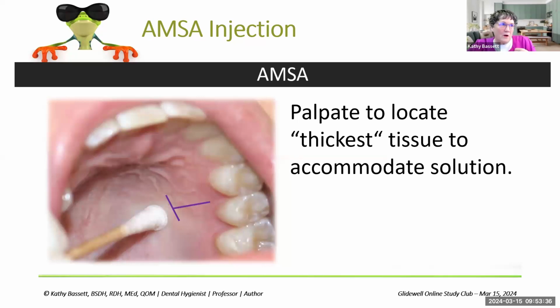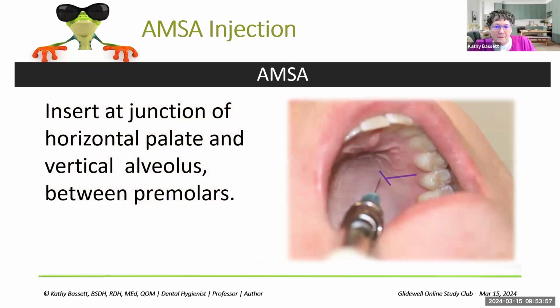And so the first part is you just palpate for where the thickest tissue is between the bicuspids. And you're going to go to the height of the alveolar process, where it is the junction of the horizontal part of the palate. And you're going to then palpate for the squishiest little pad to help accommodate the tissue. And then your insertion's right there.